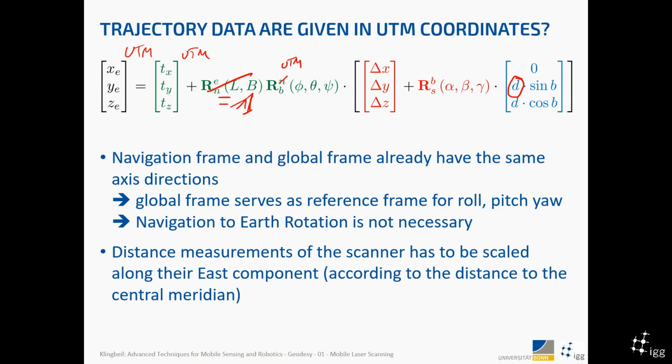So that means, just to repeat that, the scale in the UTM system, when you have the trajectory already given in UTM, the scale of the system doesn't fit to the scale of the laser scanner measurements, at least along the east component. And this can make it very complicated. There are ways around it. You can assume a constant scaling and things like that.